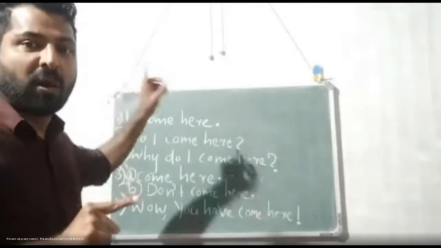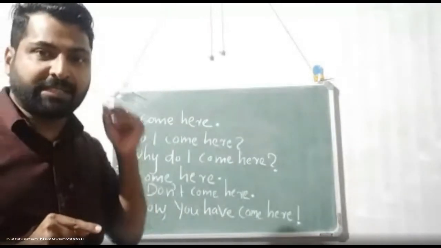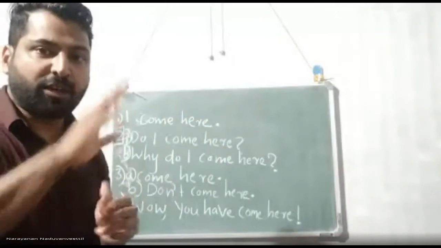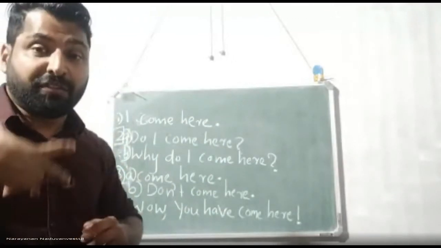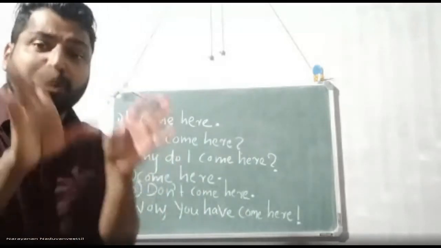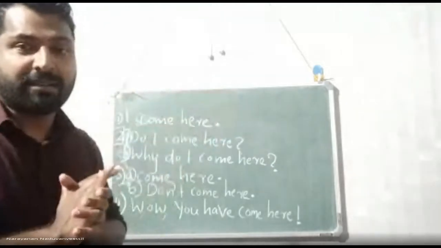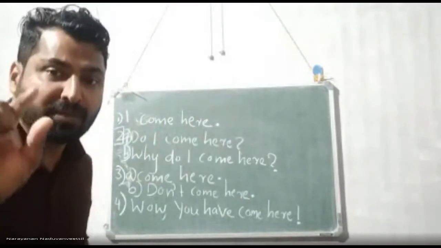Then only start reporting. I think for your CBSE exams, you will have options and pick out the right option. But to be able to pick out the right option, you should know how it is used, how it is prepared, how it is made. So when you report, you have to create a new sentence first.